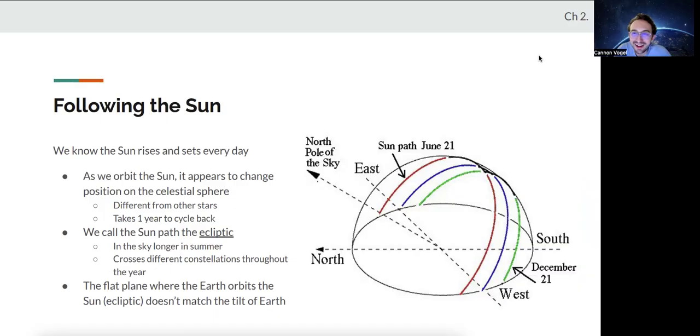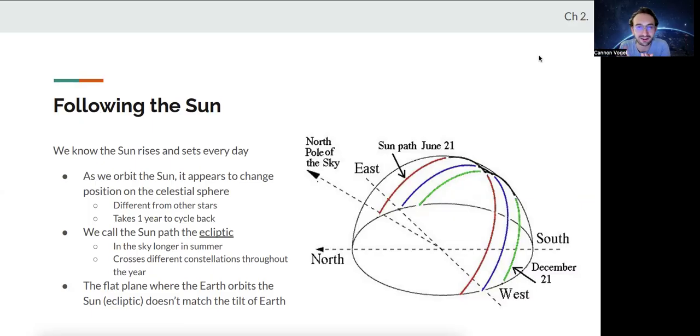Now, the sun is not a normal star because, of course, it's very close, relatively speaking, and we're orbiting it. And so the sun does something a little bit funny in the sky. Basically, what's happening is the Earth is tilted at an angle relative to the plane that it's orbiting the sun within.